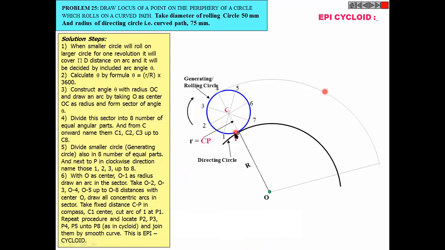This P point I will draw, and now this P point will start moving like this.